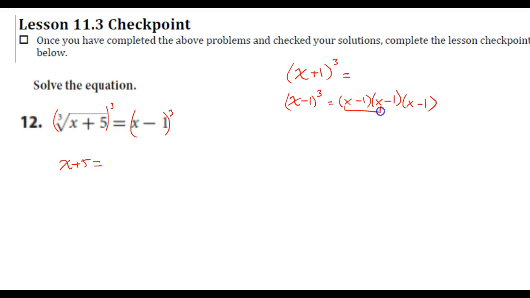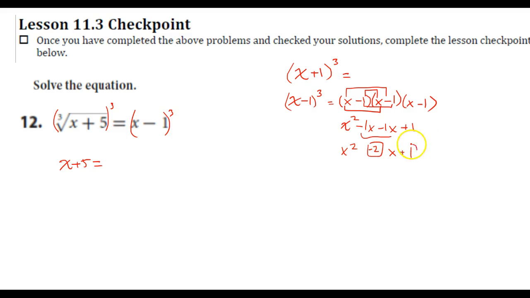So we're going to FOIL this out. That would be x to the second power, our outers, negative 1x, our inners, negative 1x, and our lasts, positive 1. Let's combine like terms, and what would that be?